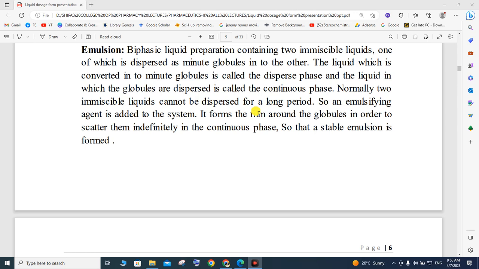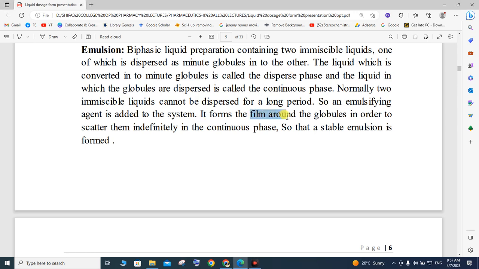So there are certain reasons, and an emulsifying agent is added to the system. For example, when we mix two liquids like oil and water, they will not stay mixed for a longer period of time, so you add an emulsifying agent to the system.